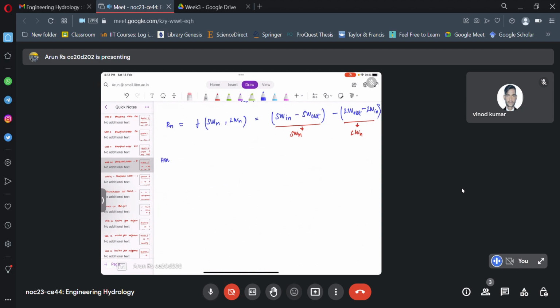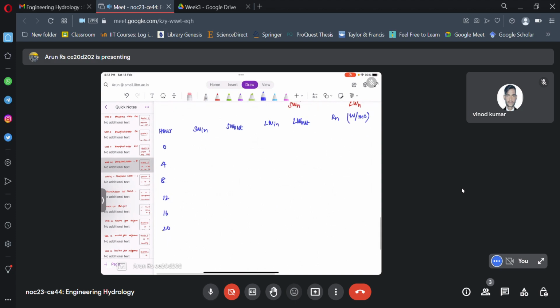So here for different durations: SW in, SW out, LW in, LW out, and your net radiation, this is in watt per meter square. So first is your shortwave radiation. These are all given in the question.